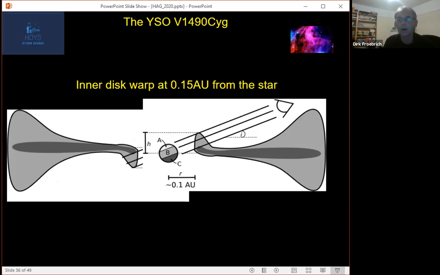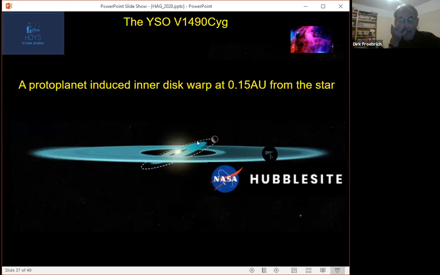Now, we know how far away that structure is from the star, because we know the period and the mass, and that is about 15% of an astronomical unit. So what we know is that magnetic fields can under no circumstances be strong enough to do this. It's too far out.